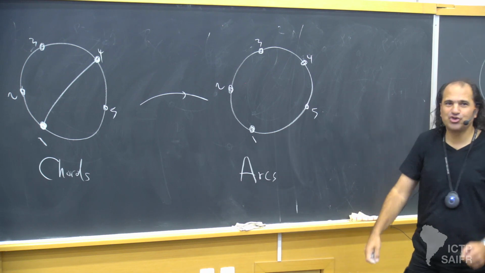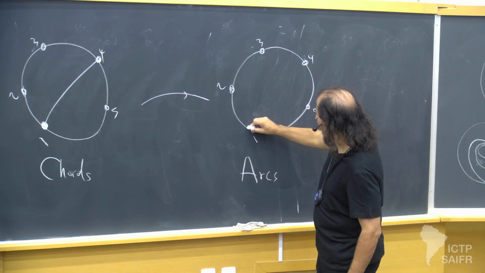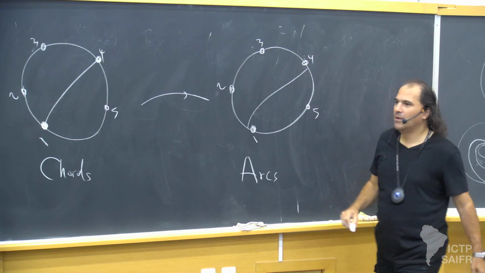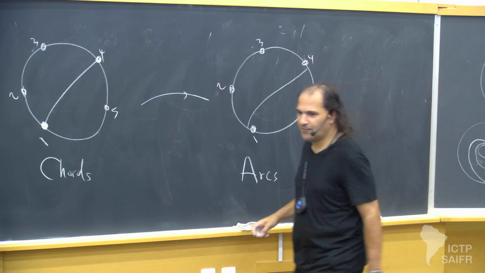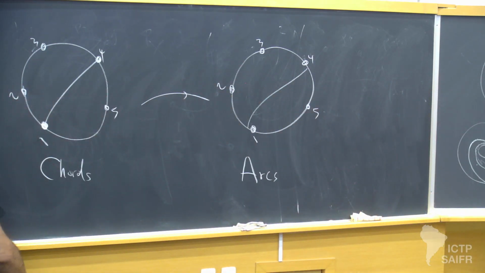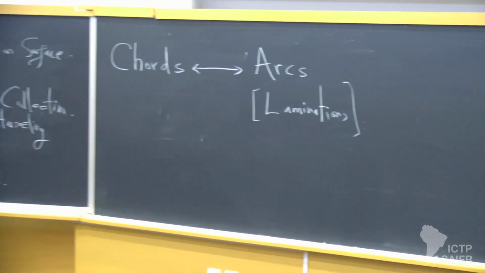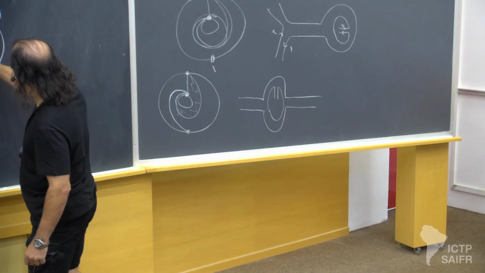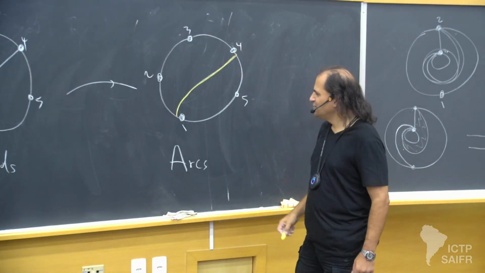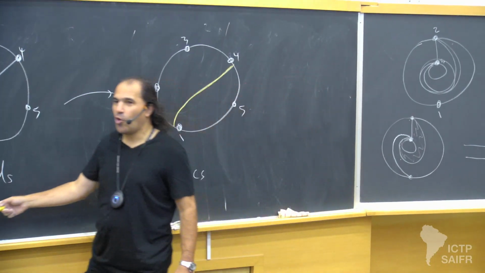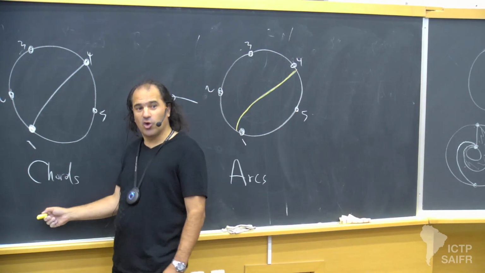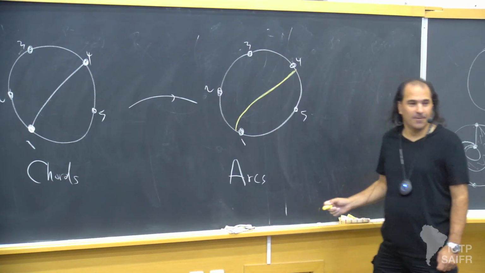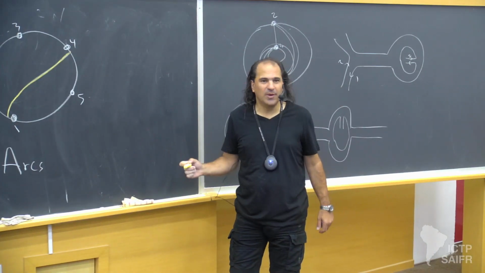So I'm going to push the endpoints so that it looks like this. Okay, so this is the arc associated with the chord 1, 4. Or this is the chord associated with the arc 1, 4. You can go back and forth between them.